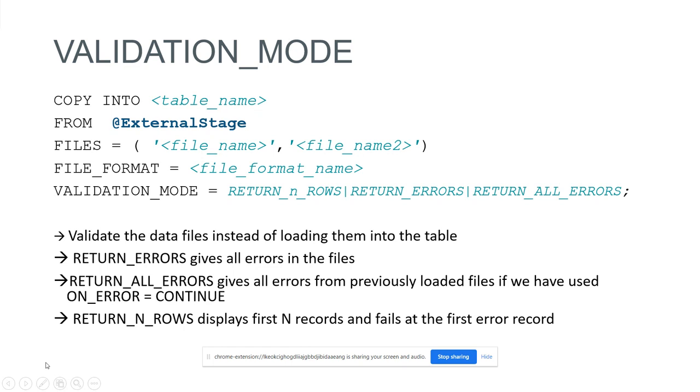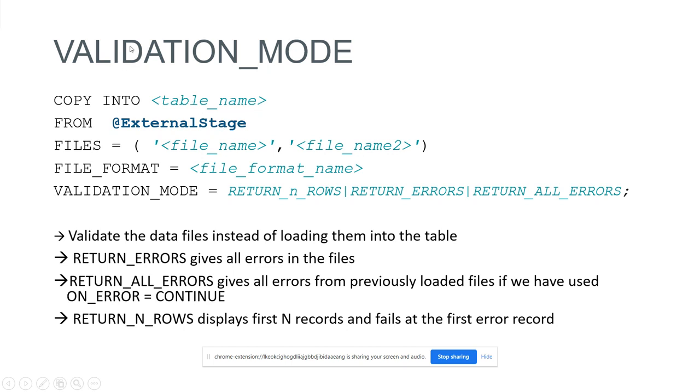In a successful scenario, that means if in the first 10 records there are no errors, then it will display all the 10 rows. Like that we can display the first 100 rows, first 1000 rows without loading the data. If I want to see the first n rows, this is the option we can use. But whenever the first error occurs, that statement will be aborted.